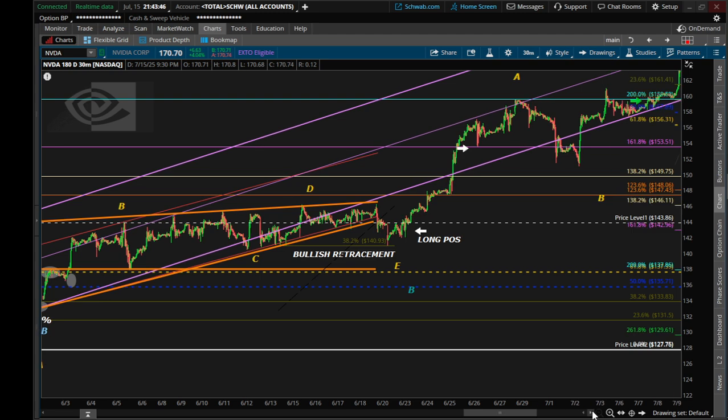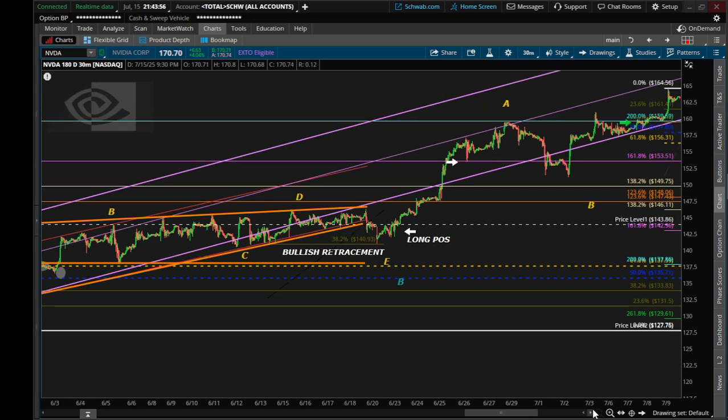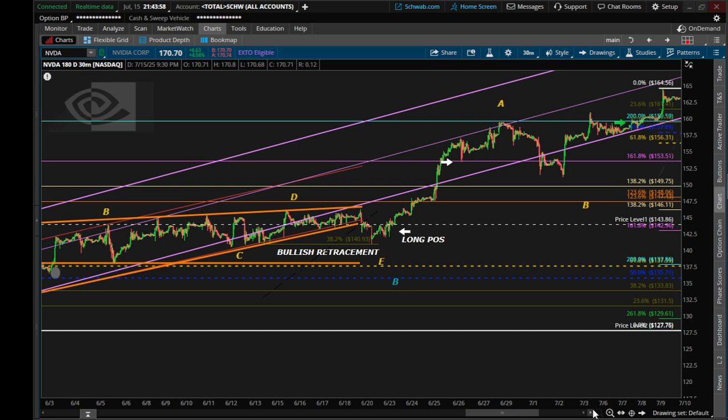Now we're climbing higher. Now we're well past the 200. We're probably starting to reach the median again of the Pitchfork, which it looks like it didn't quite reach. I've got some other fibs out here I'm going to need to get rid of. Alright, let's keep going. Looking like it wants to go to the median again on the Pitchfork. Oh, didn't happen.